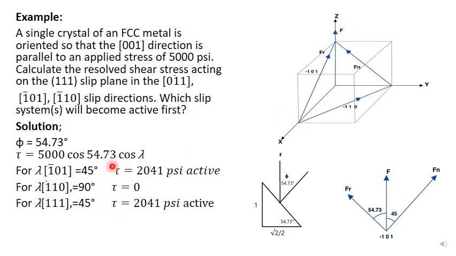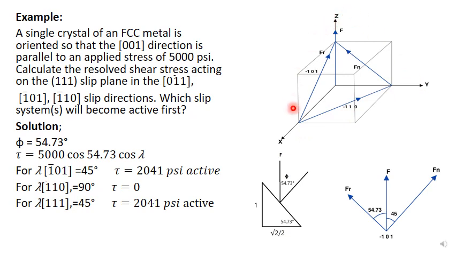So we've got two directions, this direction and this direction, active because the shear stress is high compared to the third direction, which is 0. This one and this one will be active. And this is normal, this is logical. When we apply a load in this direction, we don't expect any slipping or gliding in this direction.